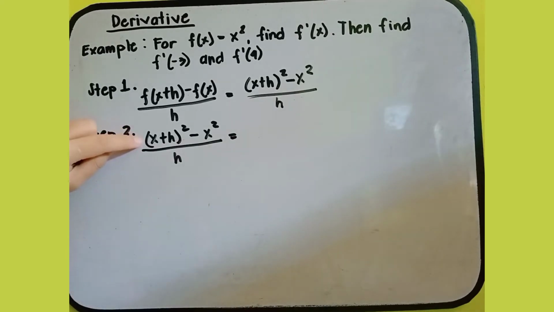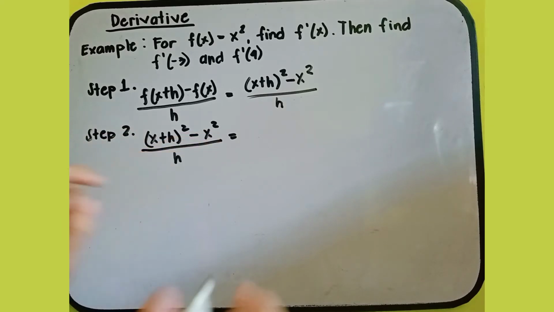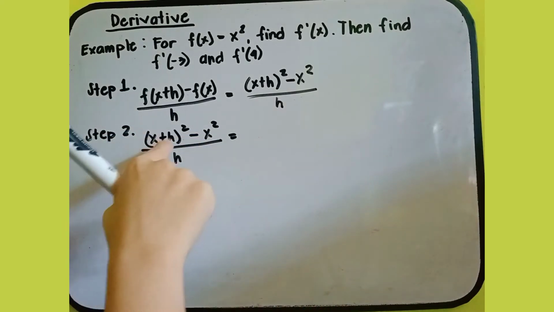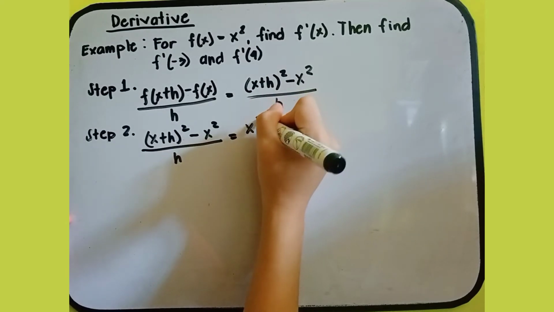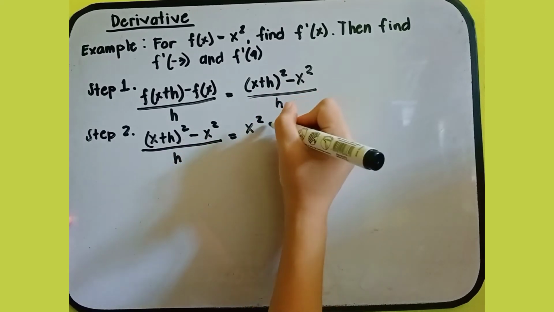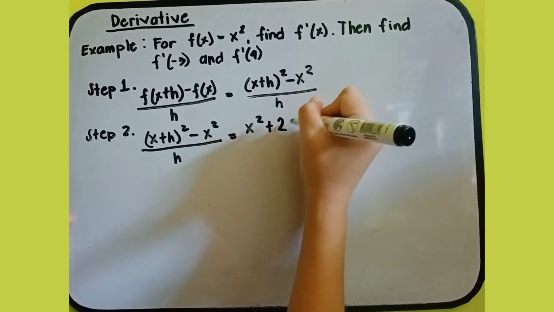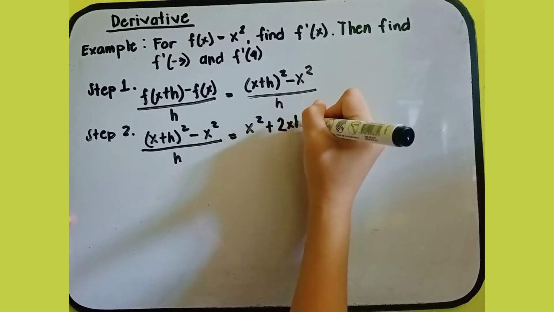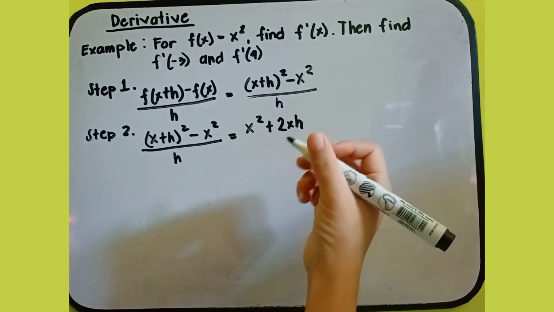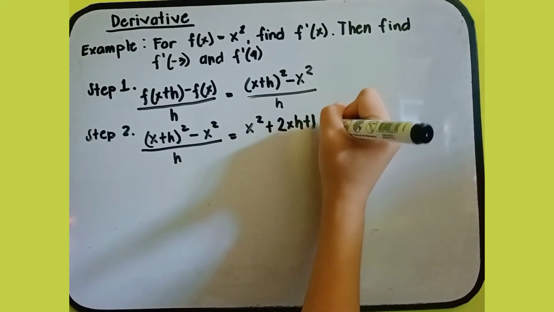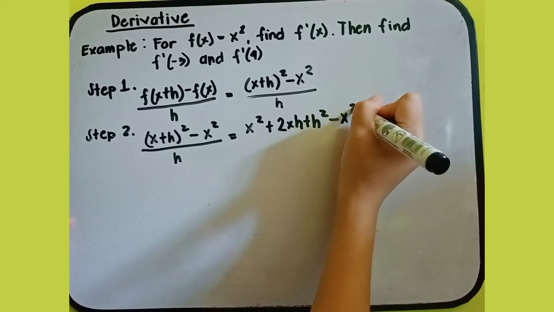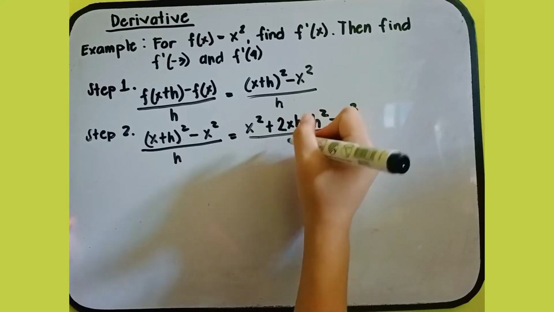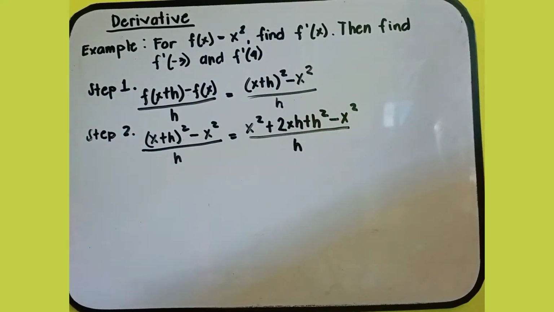We will expand x plus h squared, so by expanding we get x squared plus twice x multiplied by h plus h squared, minus x squared, over h.